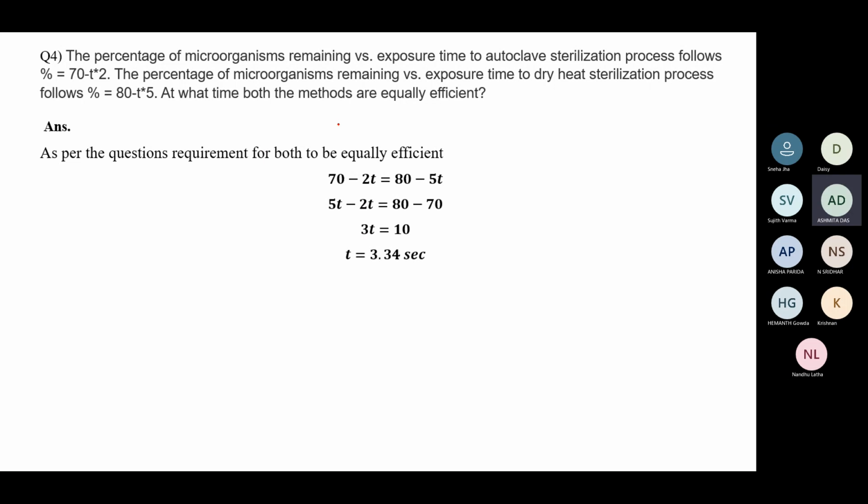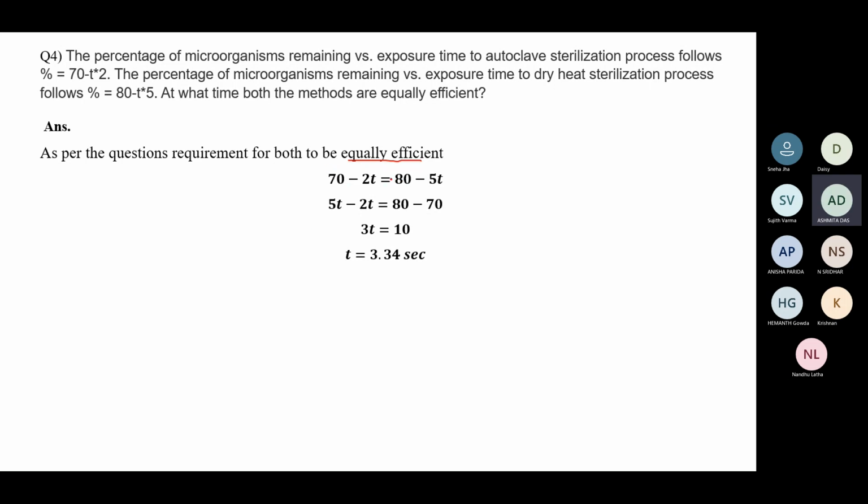Okay, so as per the question, both the sterilization processes should be equally efficient. So if the processes are equally efficient, the percentage in both the cases will be the same.